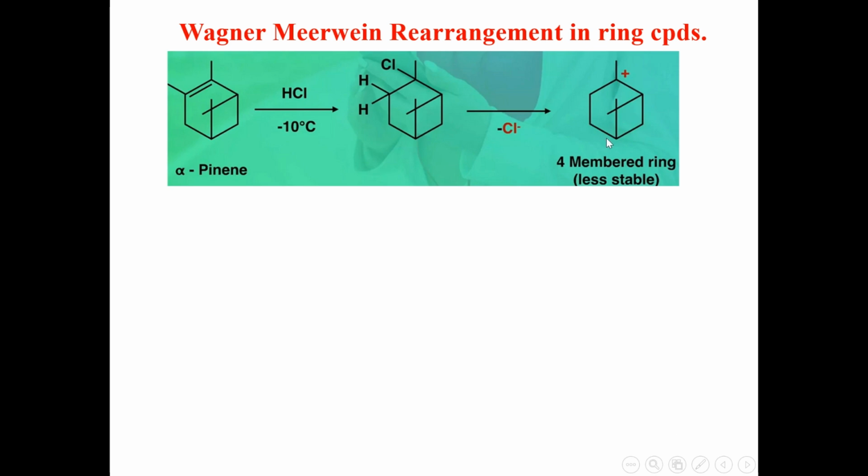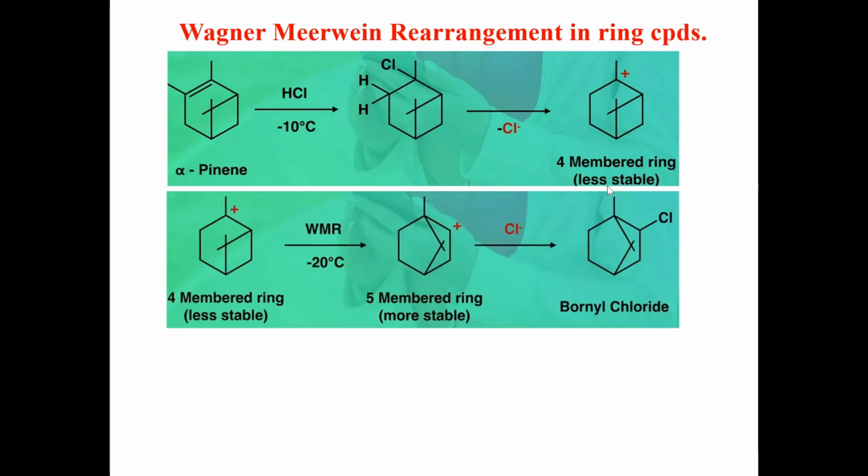Here in this system, there is a 4-membered ring. This is less stable. This less stable ring system undergoes Wagner-Meerwein rearrangement at minus 20 degrees centigrade. What is it? A 1,2-alkyl shift. At position 1, there is a positive center and at position 2 an alkyl group.